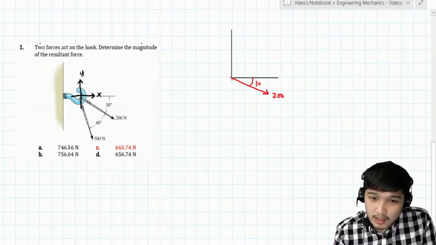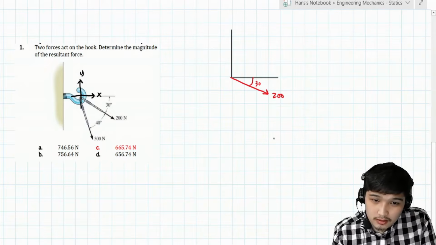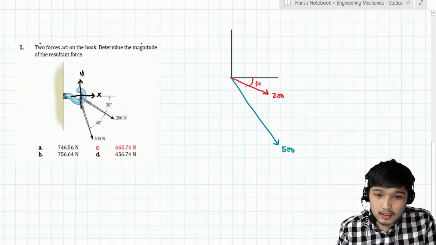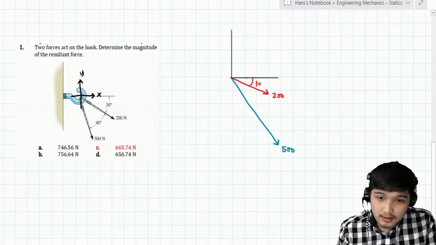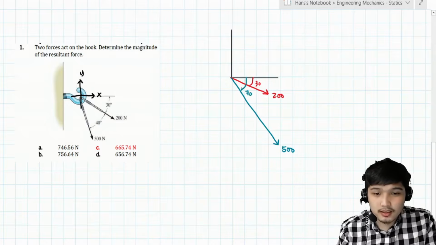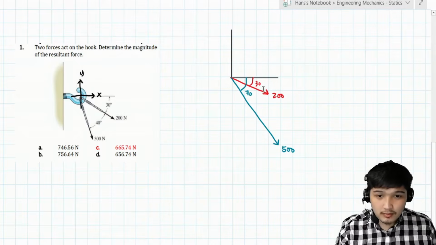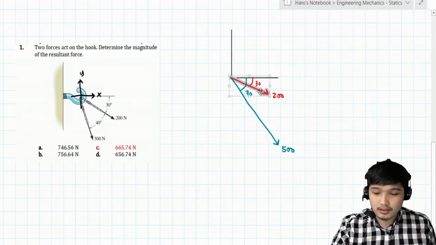So, dapat mas mahaba siya. So, let's say ganito. Pwede na siguro yan. This one is yung 500. And then, with respect sa x-axis, so 30 plus 40, 70 siya, no? So, kung gusto mo class kunin yung resultant, paano gagawin?